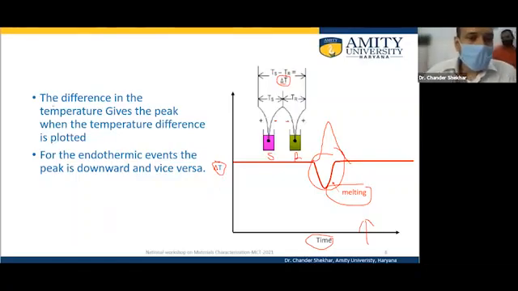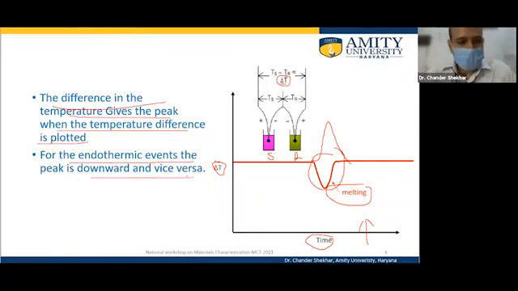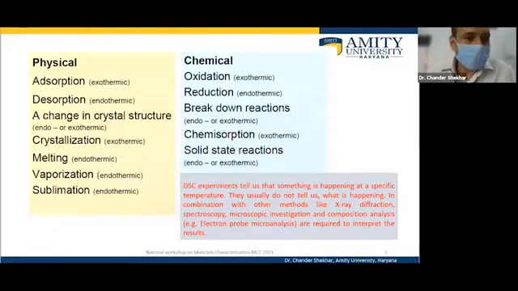So this is the difference in the temperature, which gives a peak when plotted, and the example is for an endothermic event. This endothermic peak is downward here, but it depends on the model. In some models, it is upward as well.